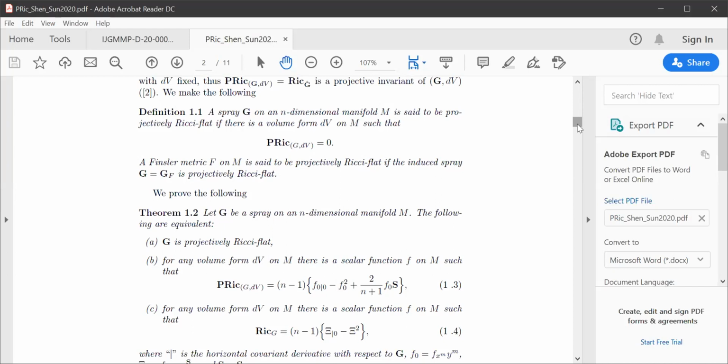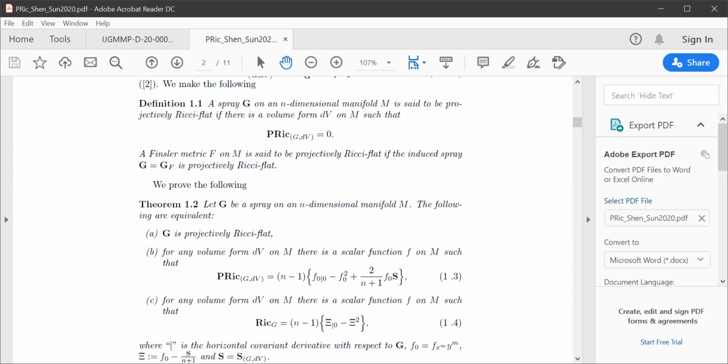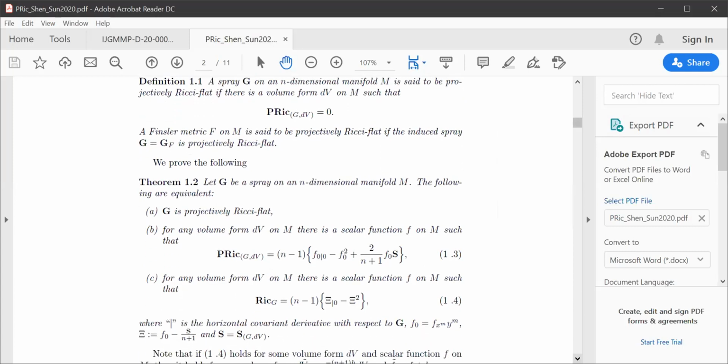Then you can also use the above formula. You can also just look at the Ricci curvature of the original spray. In other words, projective Ricci-flat means the Ricci curvature of the spray can be written in the form 1.4. What is that theta?